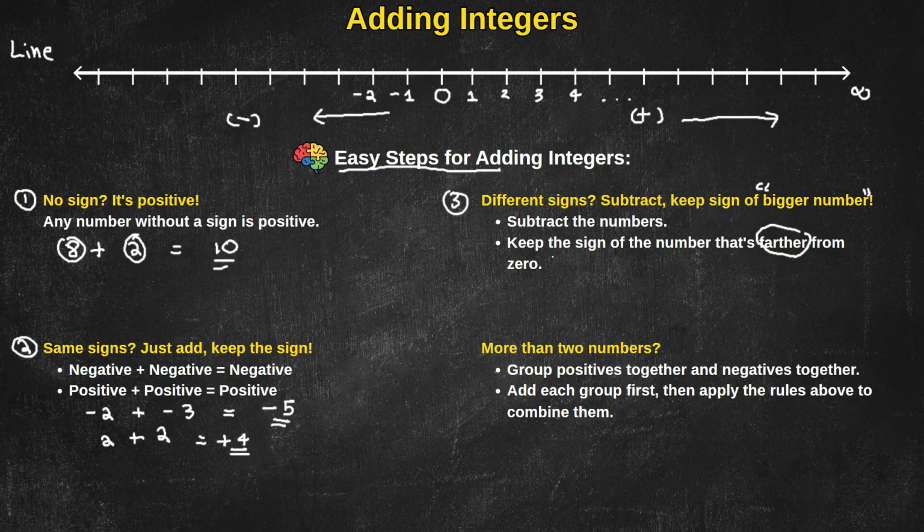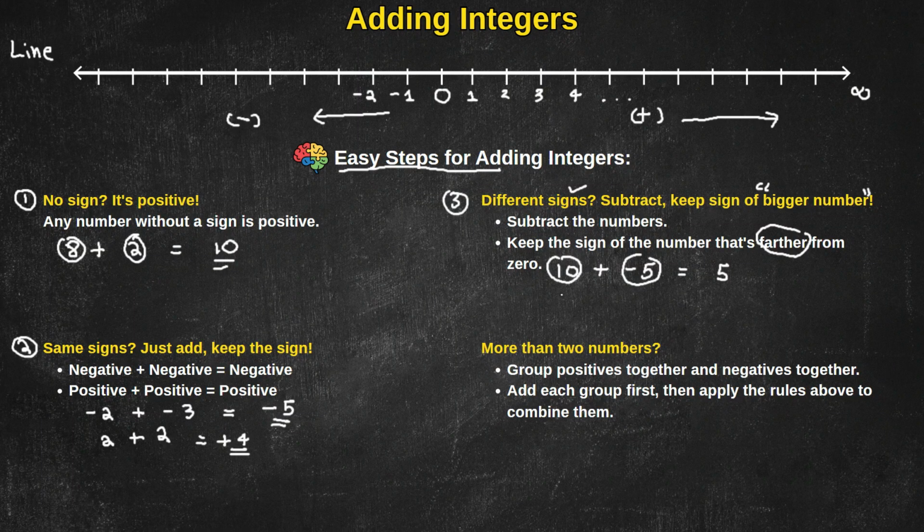So let's understand this by looking at these two numbers. As you see, we have positive 10 and negative 5. So these two numbers have different signs. So what we need to do is subtract. 10 minus 5 will be 5. But which sign are we taking?